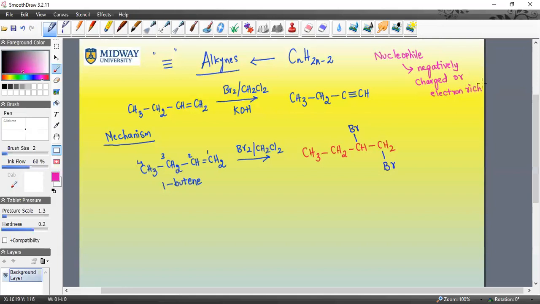Most people tend to think nucleophile has something to do with nucleus. It's just the way they call it. Typically a nucleophile is a substance that's rich in electrons or negatively charged.